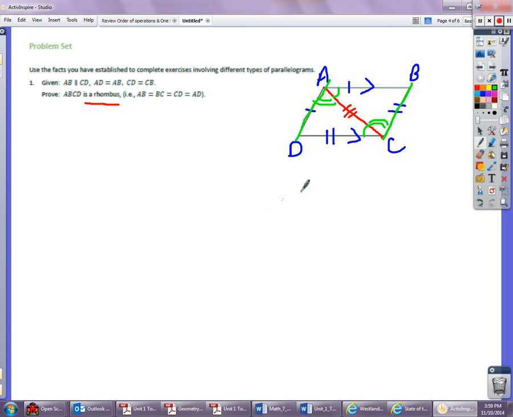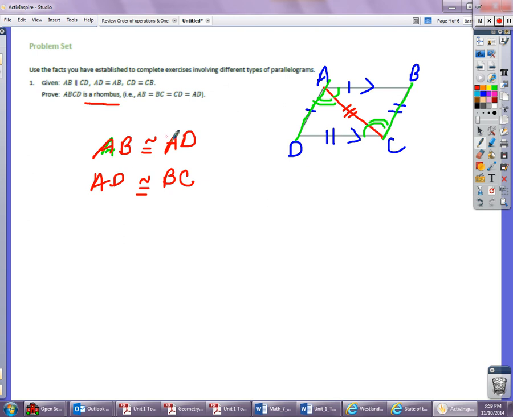So if you prove it's a parallelogram, that means not only is AD congruent to AB, because that was the given, but now you know that AD is congruent to BC, because in every parallelogram, one of the properties is opposite sides are congruent.